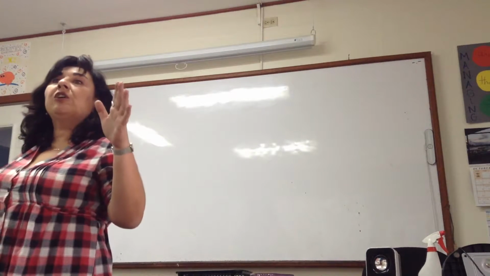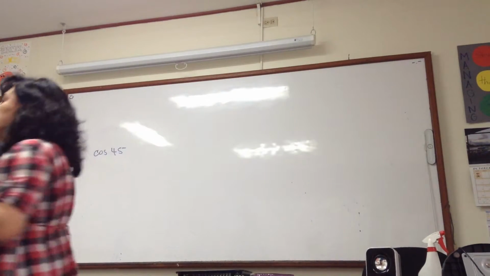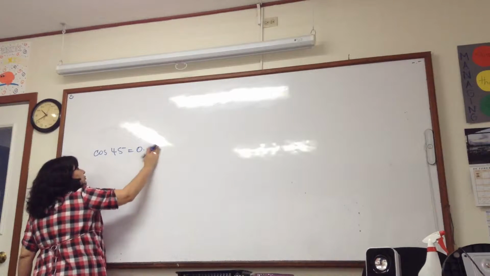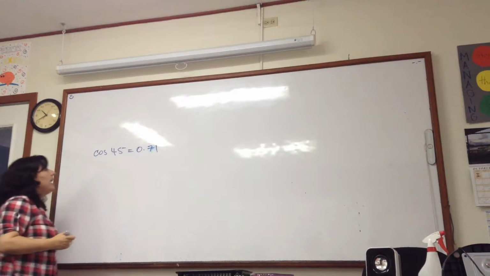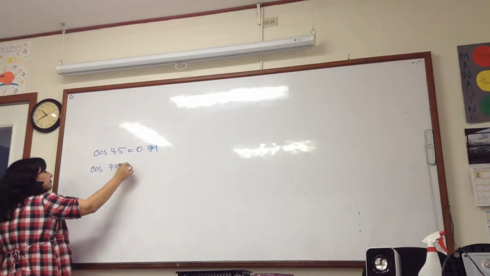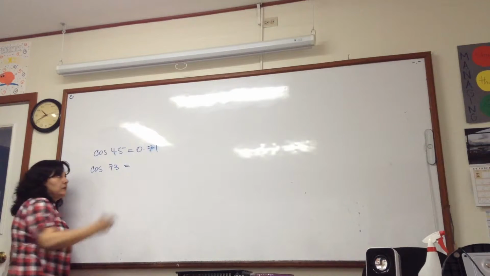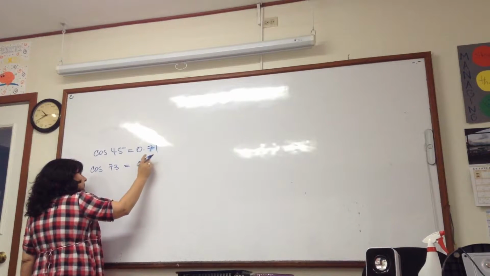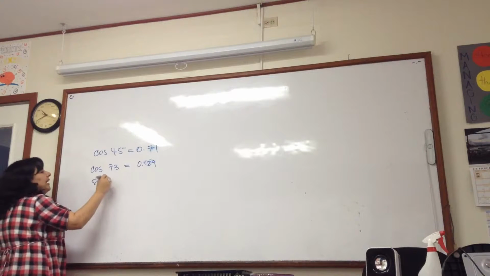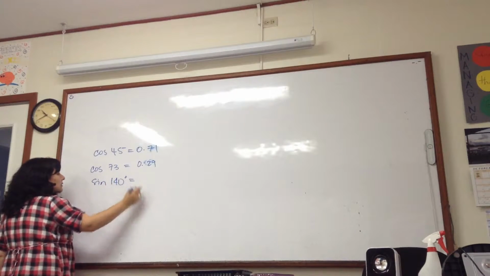I need to know how much the cosine of 45 is. 0.71. How about the cosine of 73? 0.292. What's the sine of 140?